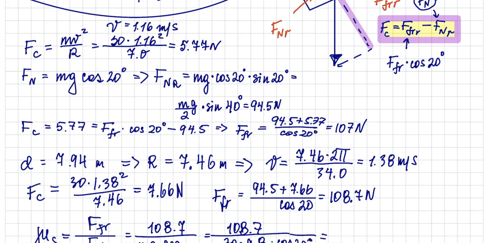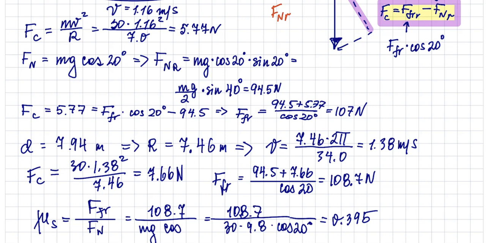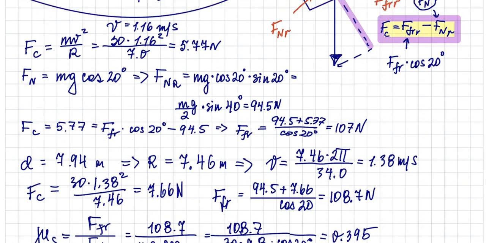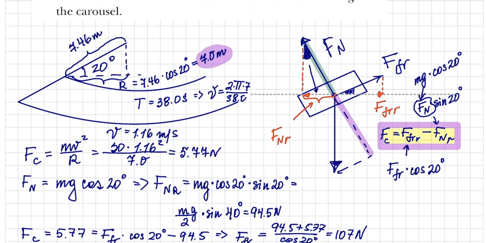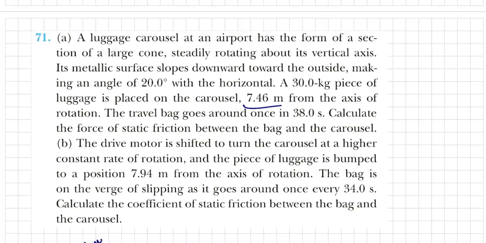And that gets me 0.395. That is the coefficient of static friction. And that is the beautiful, mathematically tedious, but from the physics point of view, so beautiful with all those forces you have to figure out. Problem number 71.